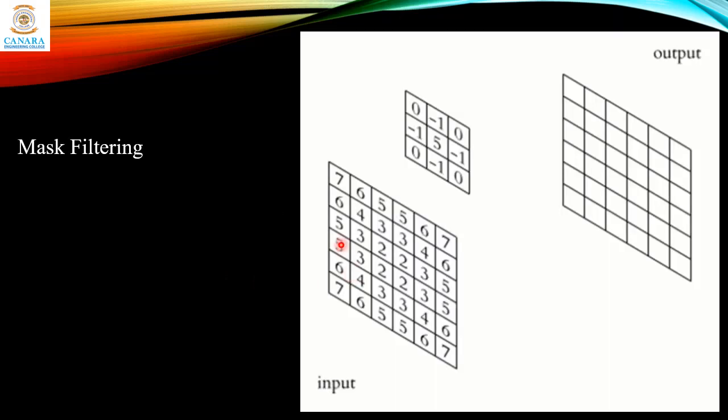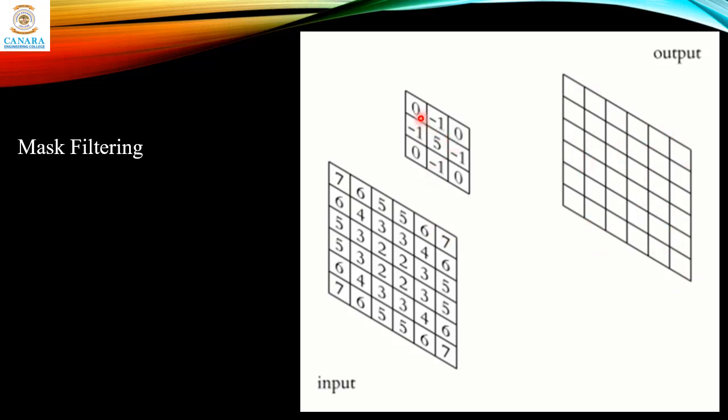Now the filtering process is the same as that for low pass filtering or the smoothing filters. We have the input image like this, and then we use a filtering mask. This is a composite Laplacian mask we are using here, and then we'll write the filtered output on an output matrix, an output image like this.